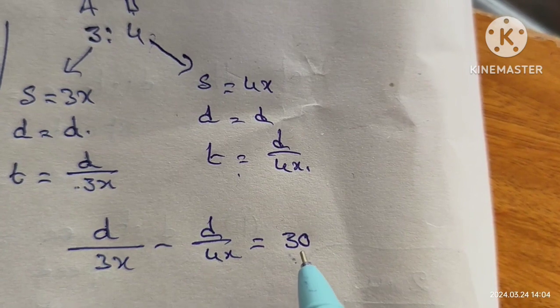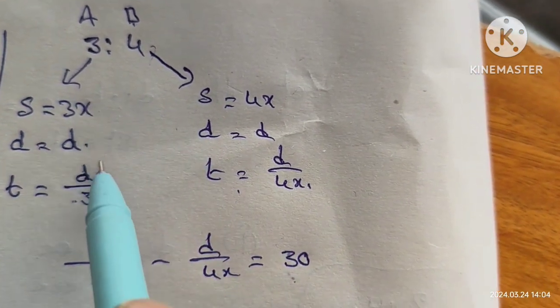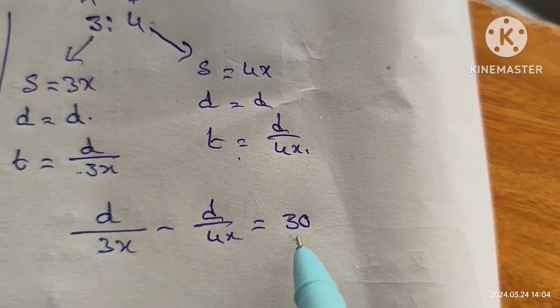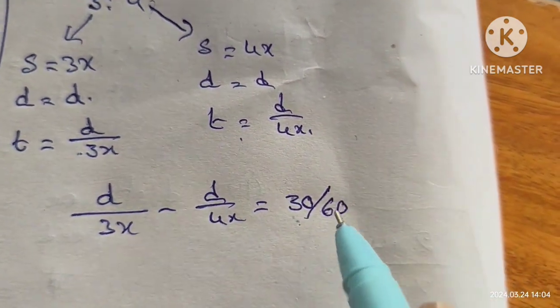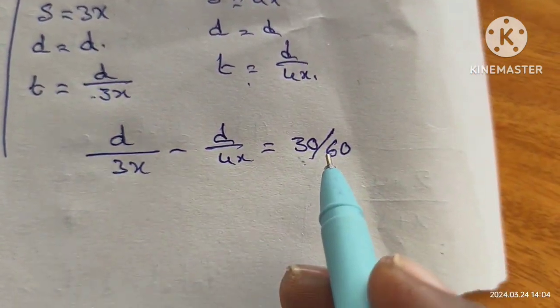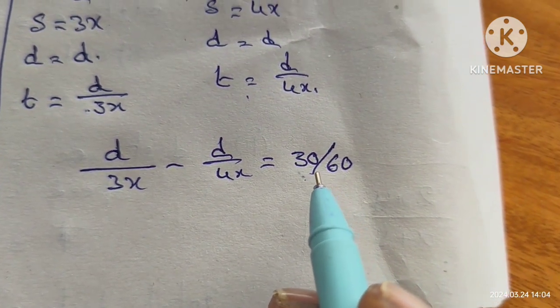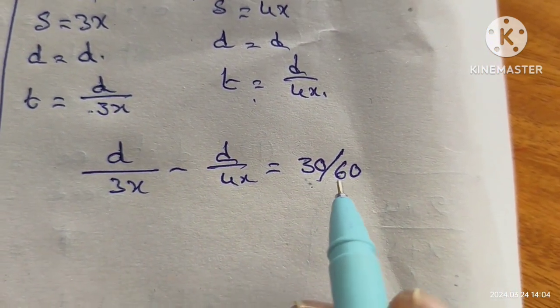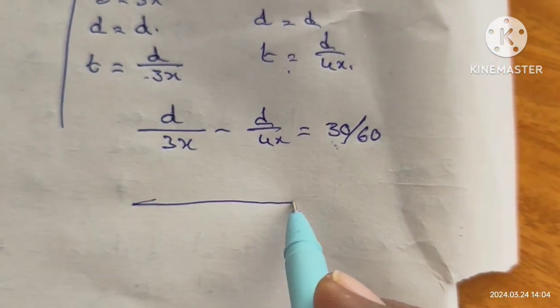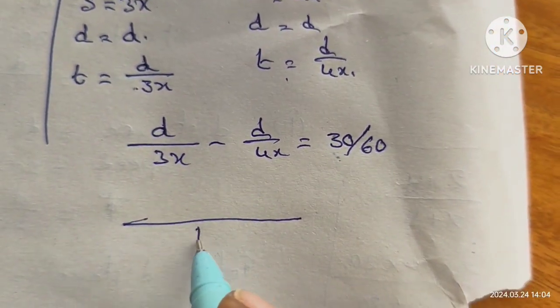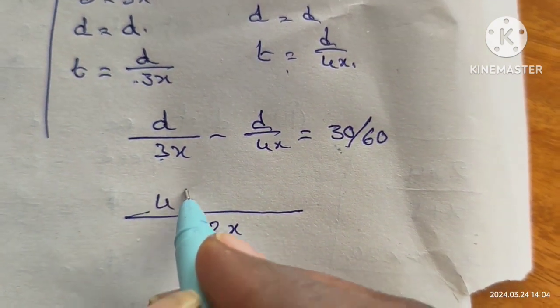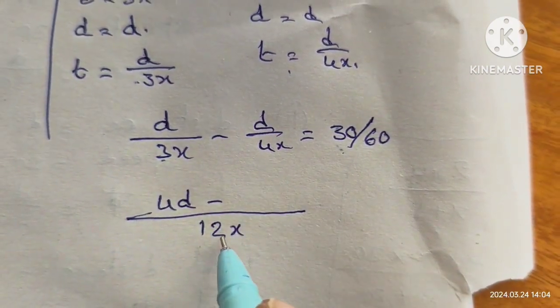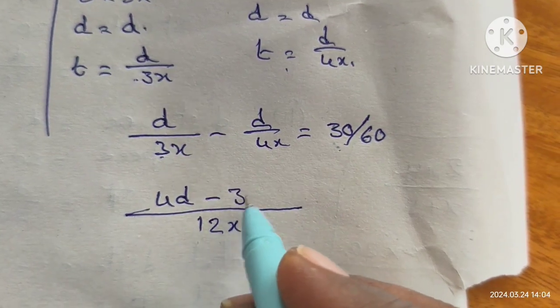Here you can notice one thing. These are all in kilometers per hour, but this is in minutes. So convert it into hours. For it, 1 hour equals 60 minutes, so divide it by 60. Now taking LCM, the LCM is 12x. 3x goes 4 times, so 4D, minus, 4x goes 3 times, so 3D.